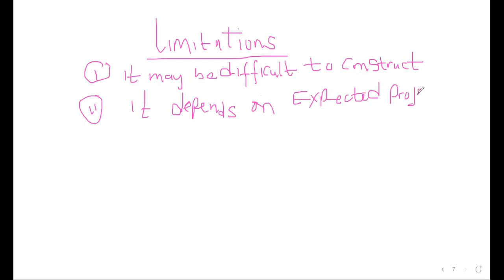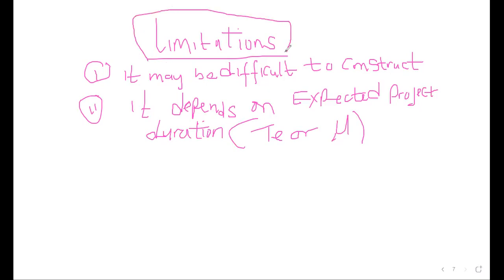So you really need to know the duration for each activity, because even when you are building a house, those who are building need to know how many days it would take to finish constructing a house. So it depends on project duration, which is the TE or the mu. That is another limitation of PERT.